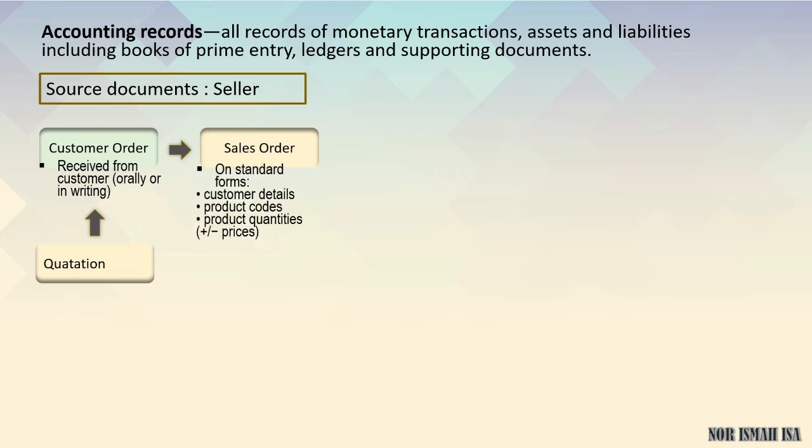In this sales order document, the details should be the customer details, product codes and quantity. From the sales order, the seller will send the goods to the customer with a goods dispatch note. This goods dispatch note is a document that gives details about product quantity and delivery details.